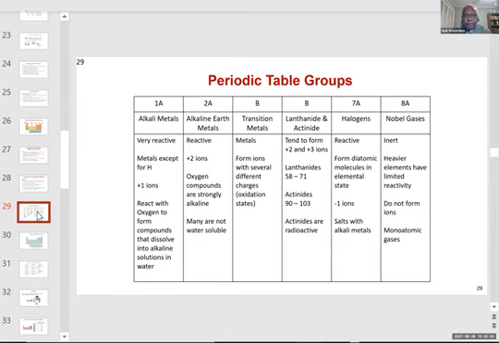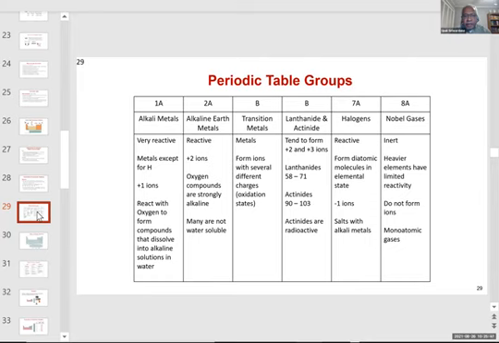Alkaline earth metals is group 2 or group 2A, reactive. So we start with group 1, 2 reactive metals. You can tell group 2A always make positive 2 cations. Group 1 make positive 1.